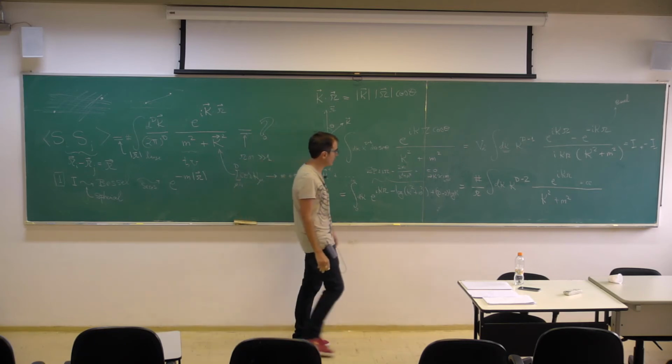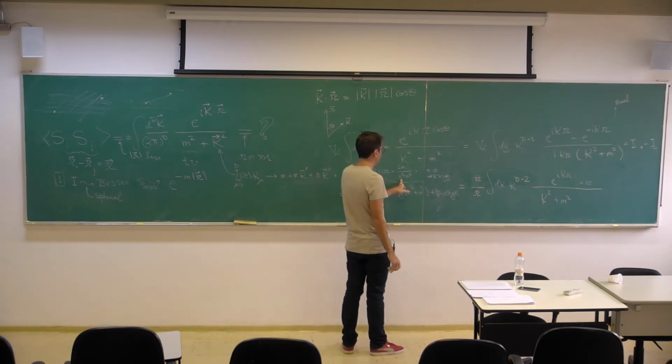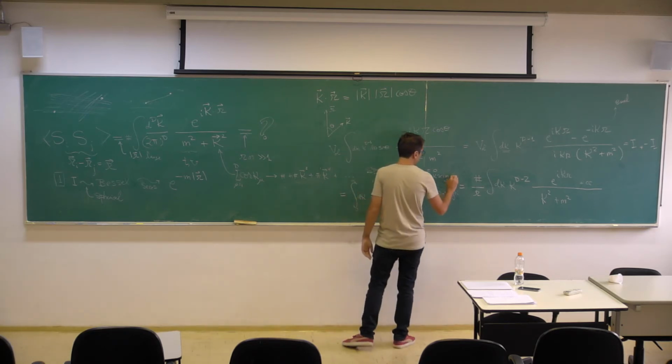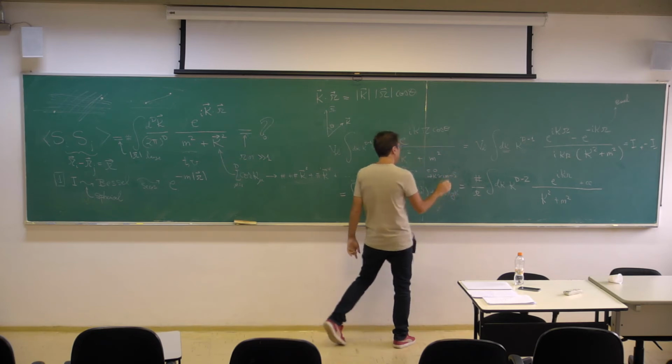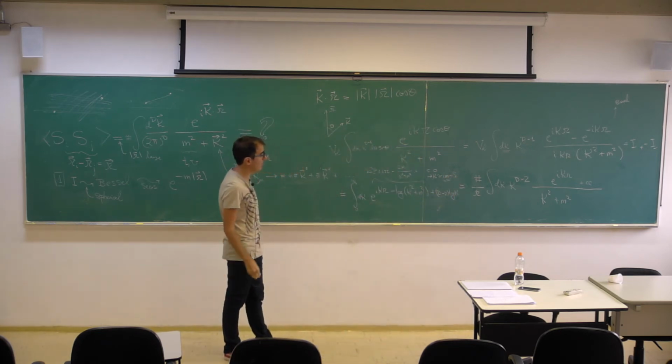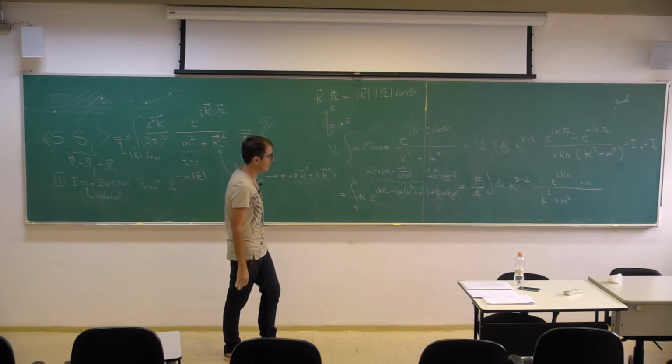It's proportional to i times m, plus some small correction. So it's nearby i times m. It could be plus or minus, but we'll see that one sign will give an exploding result.